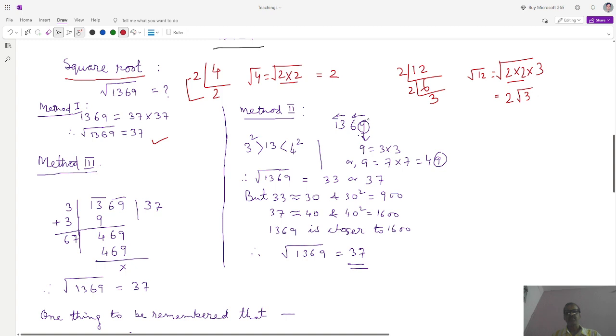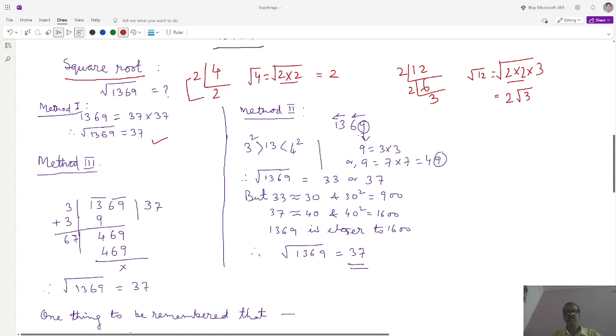We have to pair the digits from the right side first. Here there are 2 pairs, 69 and 13.